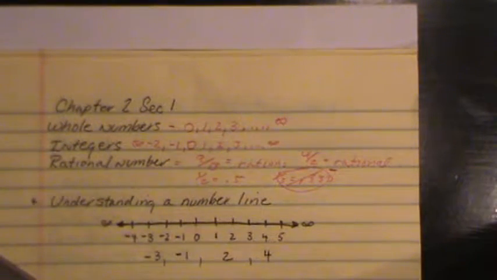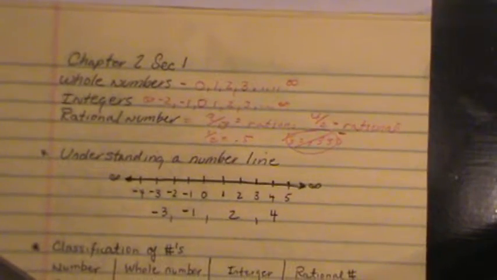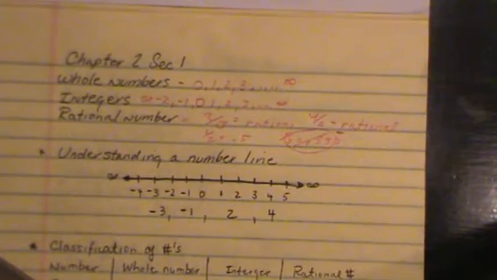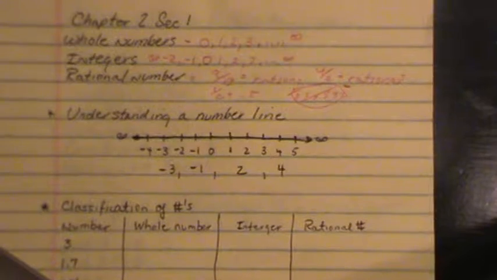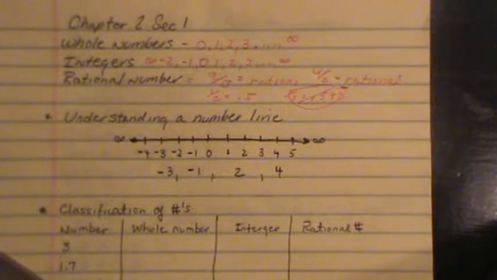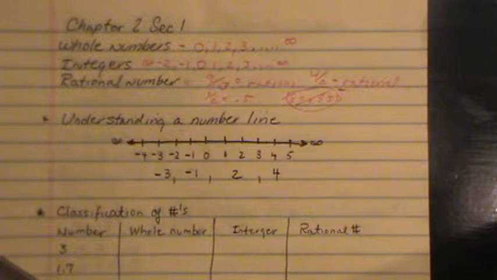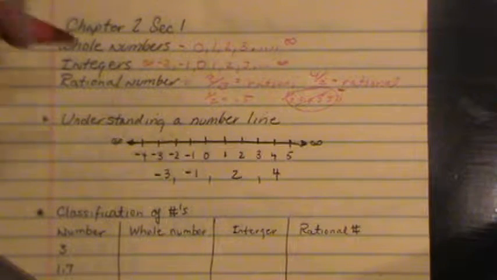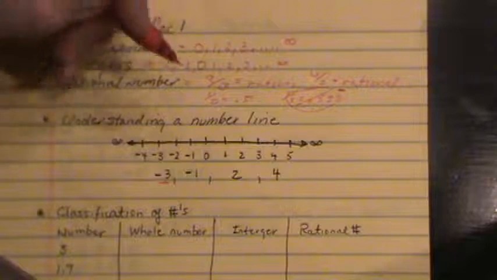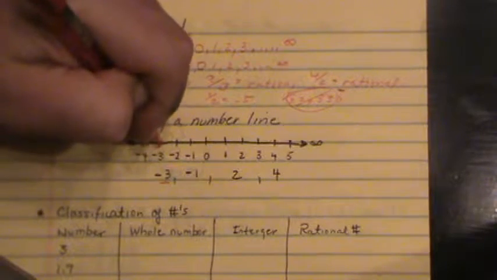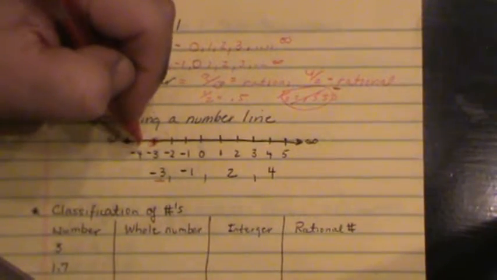So let's understand the number line. First of all, they give you different integers here, and that's what we're talking about, a number line. When we're talking about a number line in the integers, for example, here it's asking for -3. So on the number line, it falls here. That would be less than 0.